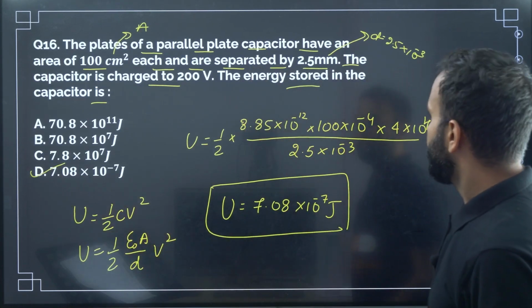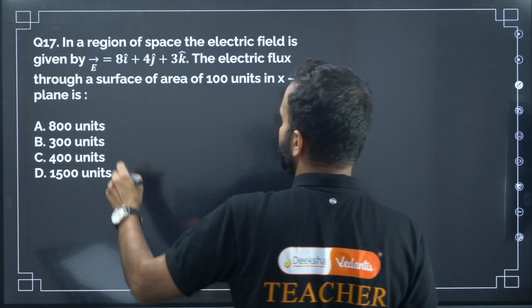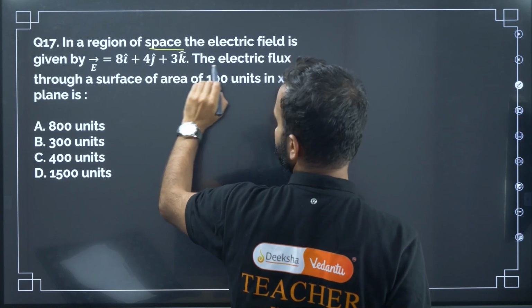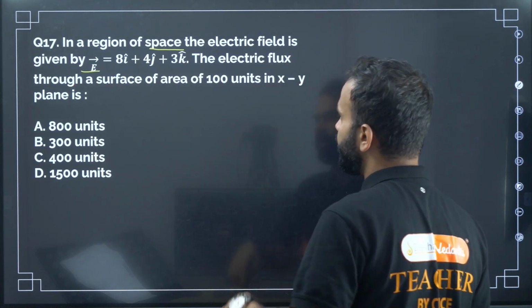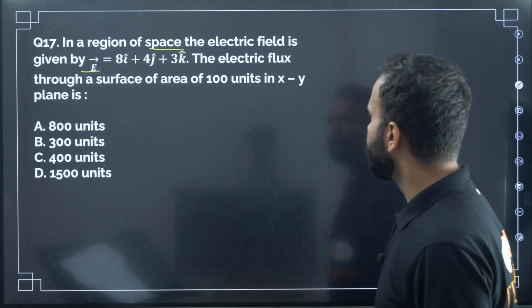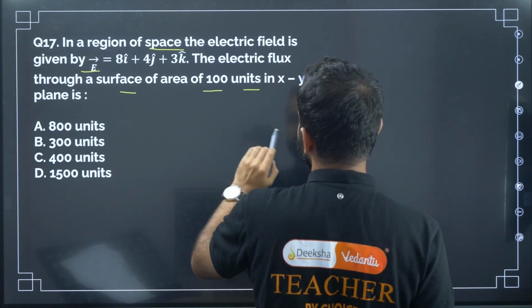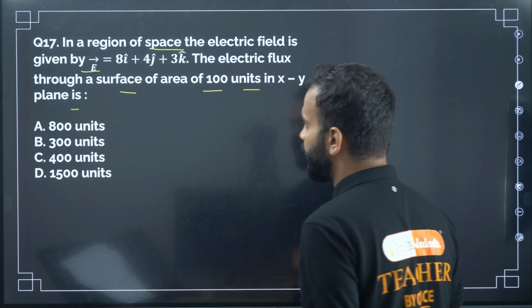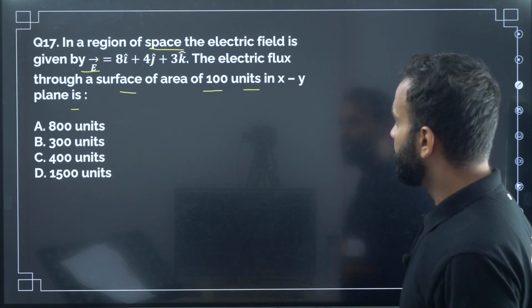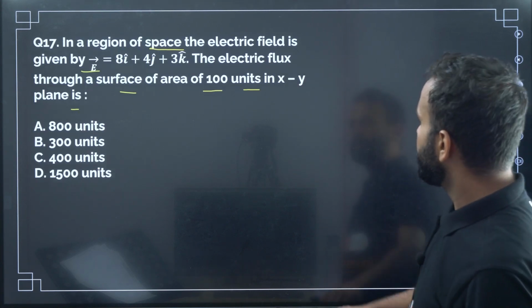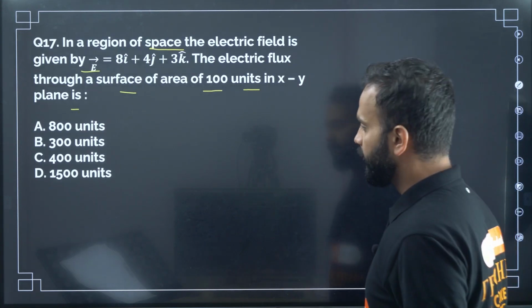Next question, question number 17. In a region of space, the electric field is given by E vector equal to 8i cap plus 4j cap plus 3k cap. We need to find the electric flux through the surface of area 100 units in the xy plane.